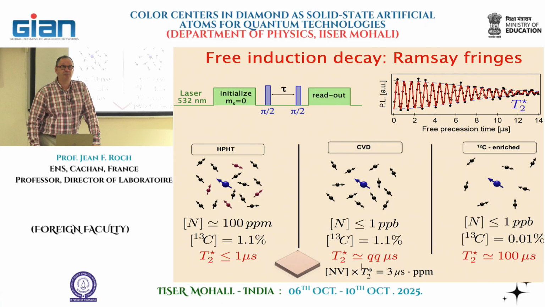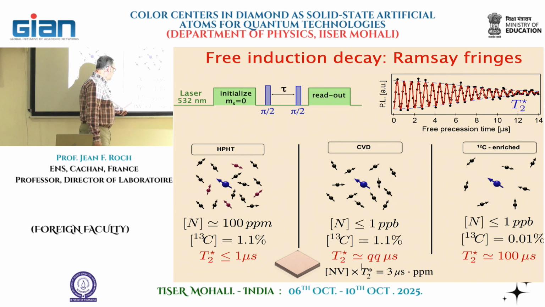That's around 1%. And that corresponds to an experimental rule that tells you that the NV concentration times the T2 star is about 3 microseconds times parts per million.